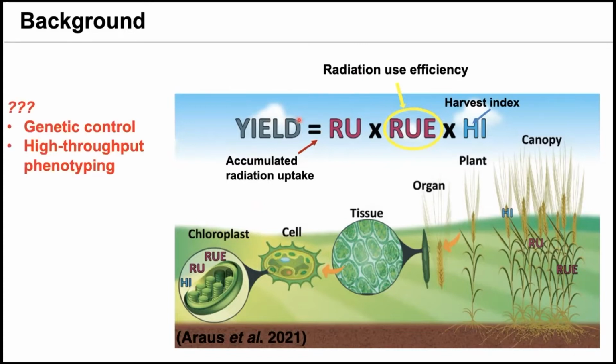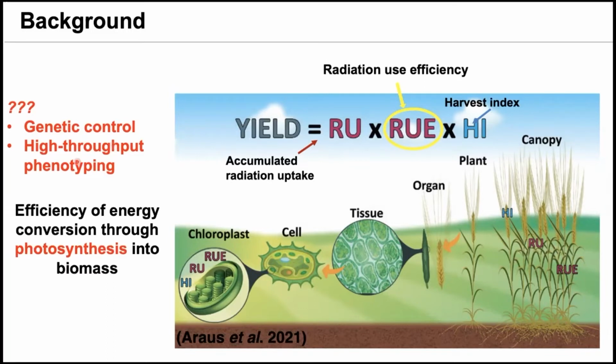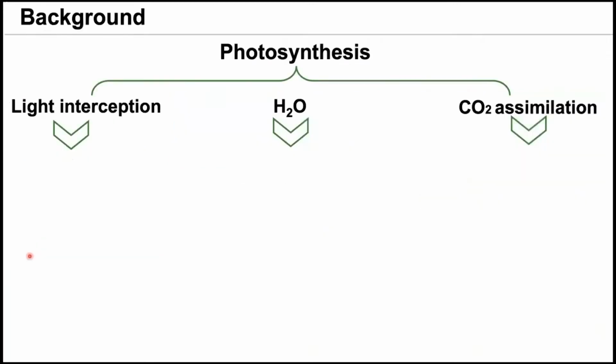However, to improve radiation use efficiency in breeding, we need to understand its genetic control. Well, to understand its genetic control, we need a high-throughput phenotyping tool to determine the efficiency of energy conversion through photosynthesis into biomass. Photosynthesis is determined by light interception, water, and CO2 assimilation.